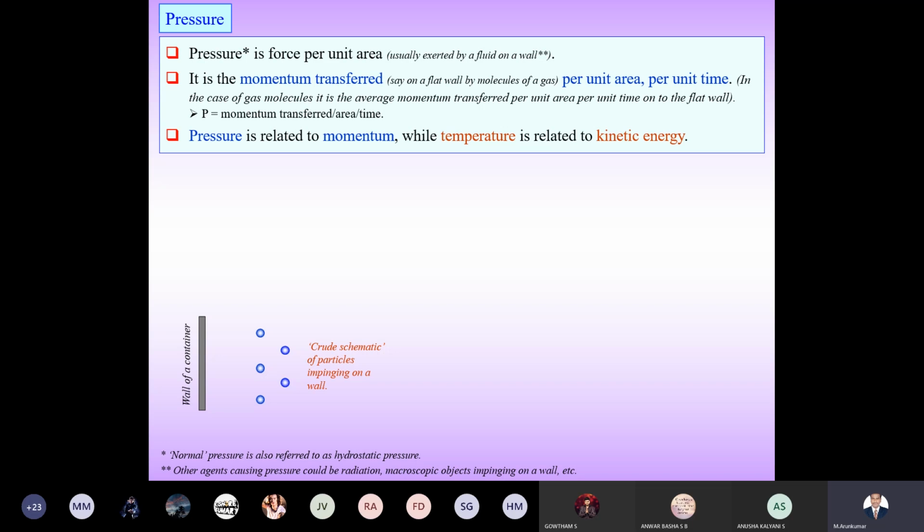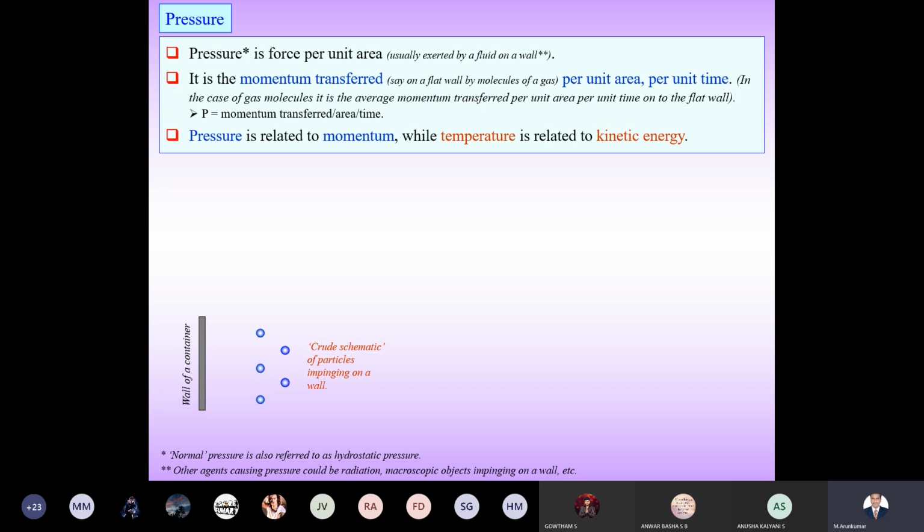On a flat wall, the molecules of a gas will try to impinge on the areas of the wall. In the case of gas molecules, it is the average momentum transferred per unit area per unit time on the flat wall. Then we can get the pressure. So the impinging of the molecules on the walls will give you the pressure.